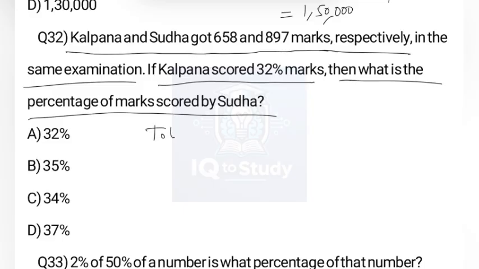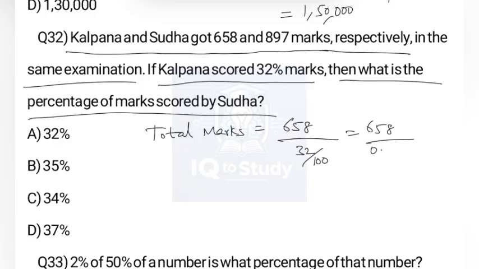So, total marks is equal to 658 divided by 32 by 100, which is equal to 658 divided by 0.32, that is equal to 2056.25.